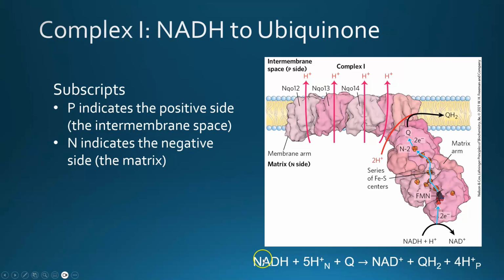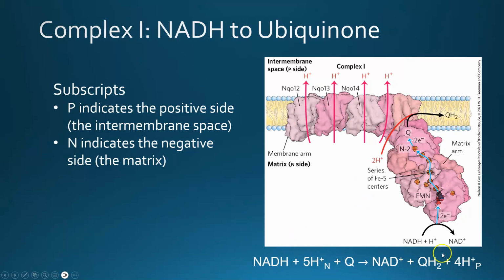In complex 1, the NADH donates its electrons right here to this flavin mononucleotide, and each of these orange and red images are the different iron sulfur centers that the electrons are transferred through in increasing reduction potentials. 2 protons from the matrix bind to coenzyme Q to make coenzyme QH2, so that reduces the number of protons in the matrix, contributing to the chemiosmotic gradient.